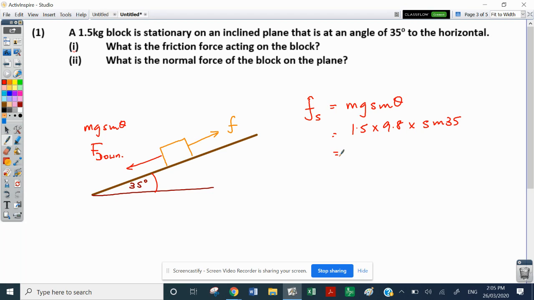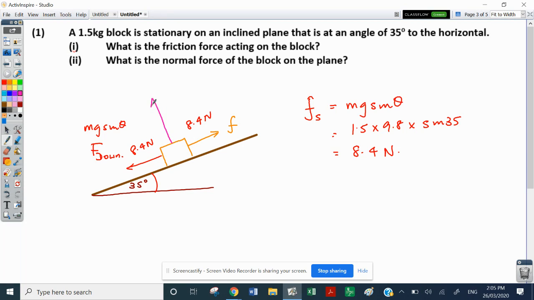Okay. Popping that into our calculator, we get 1.5 times 9.8 times sine of 35, and the answer is 8.4 newtons down. Therefore, it's 8.4 newtons up because this block is not moving.